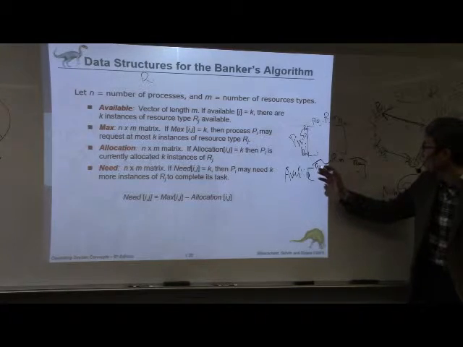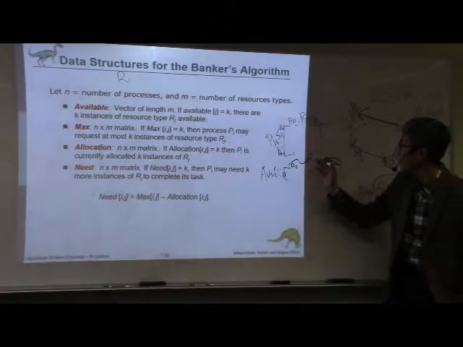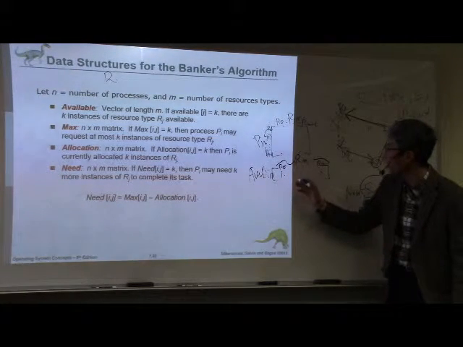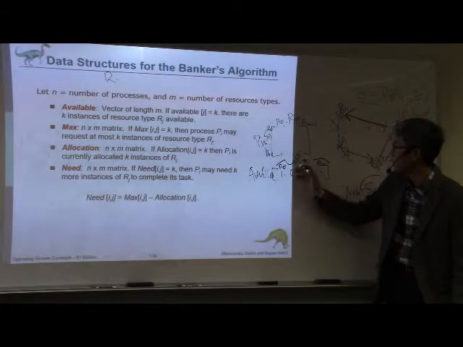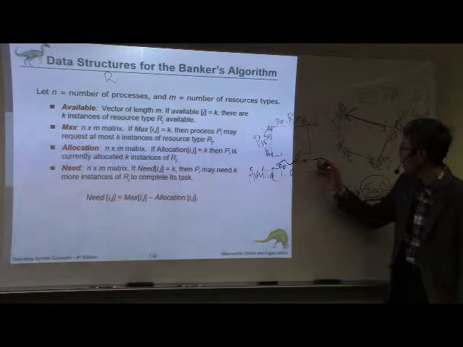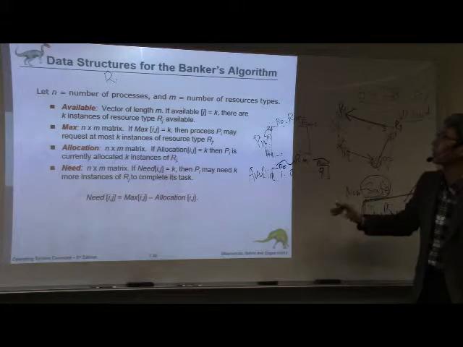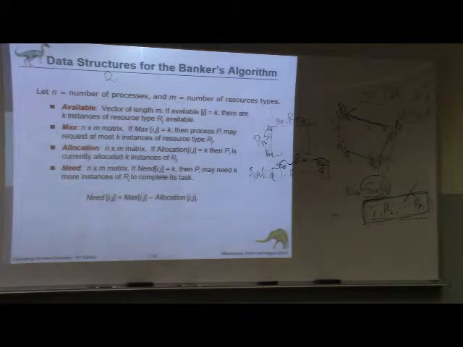Like for resource type R0, available is 1. Resource type R1, available is 0. Resource type Rm minus 1 is some number, okay, 9, something like that. This is available. It's a vector, a 1 by m matrix that indicates how many instances are available for each resource type.